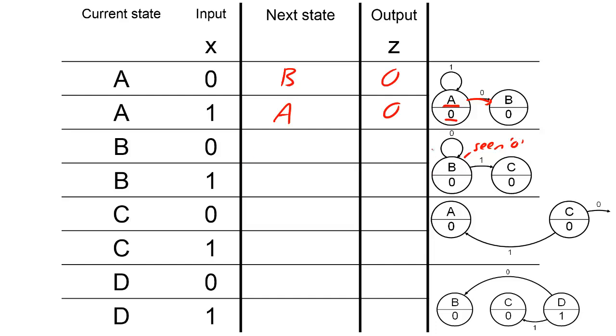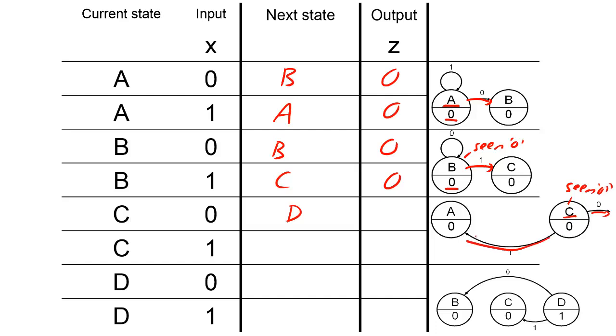If I'm in my B state, which was my seen-0 state, if I get another 0, I'm going to stay in my B state. If I get a 1, I'm going to move to my C state, and my output will always be 0 in my B state. If I'm in the C state and I get a 0, I'm going to go on to the D state, which is my full sequence, so C is my seen 0, 1 state.